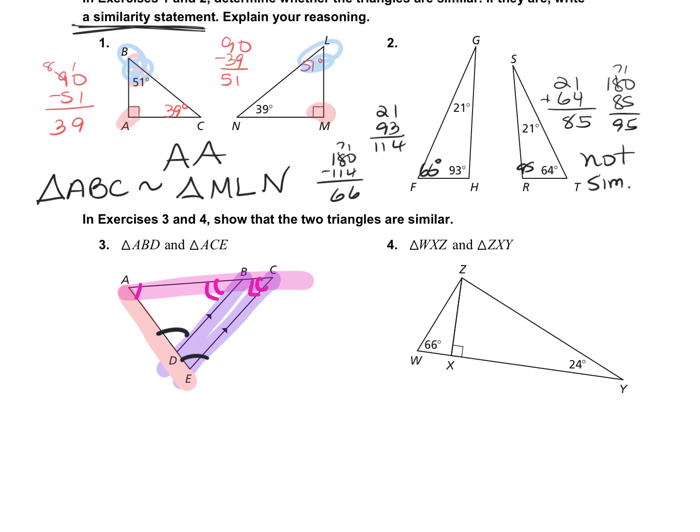I could also use the reflexive angle A because it's the same angle A in both. So because I can show the two congruent angle pairs, I can say that triangle ABD is similar to triangle ACE. And my reason would be angle, angle.